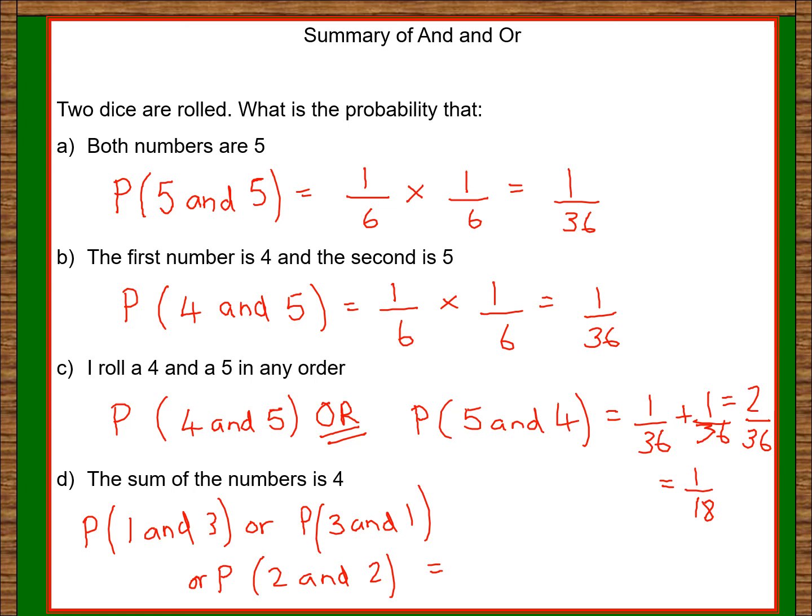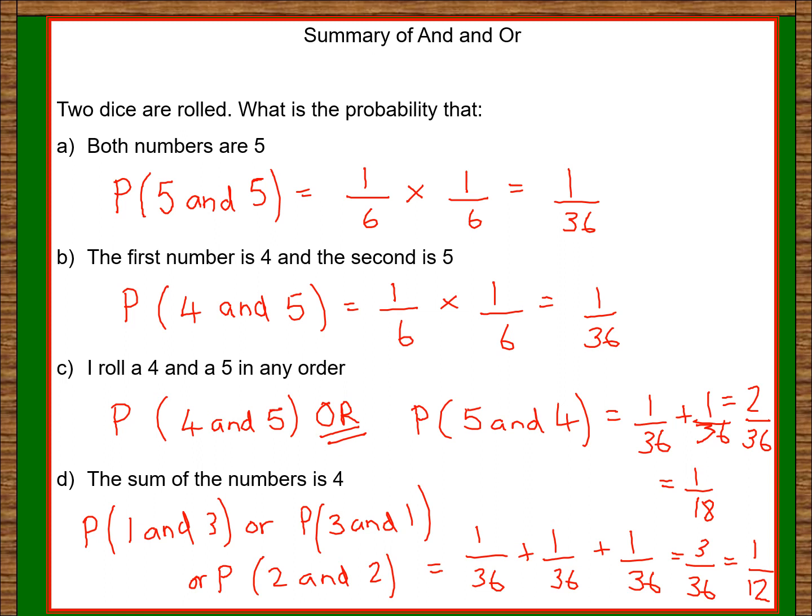This could happen, or this, or this. Well, using the AND rule, we know that each one of these is 1 out of 36. But using the OR rule, we know that we've got to add them together. This time giving me 3 out of 36, which would simplify if we divide them both by 3 to 1 over 12. And that is it.